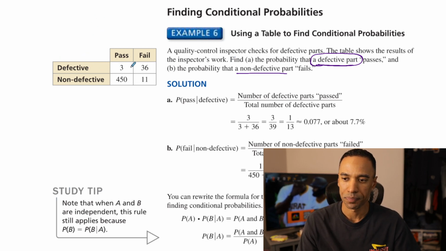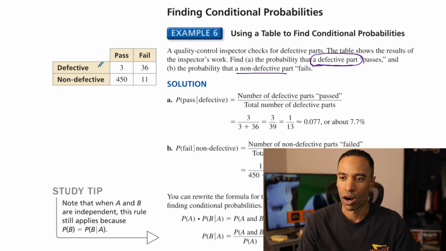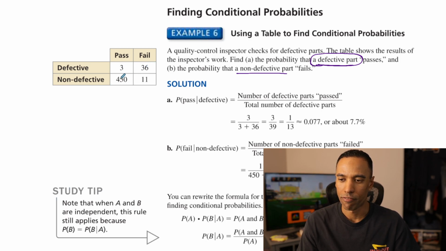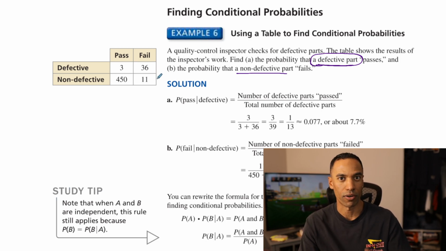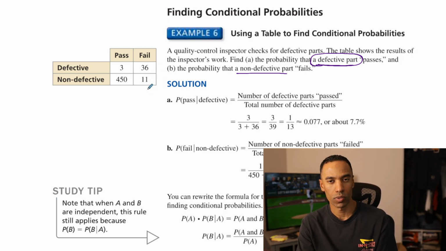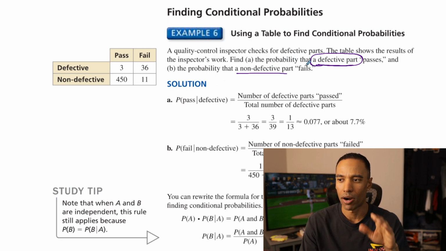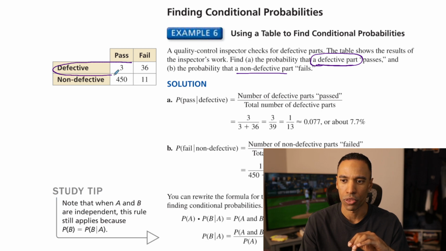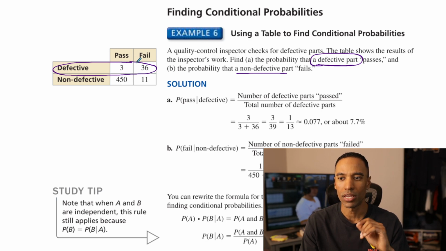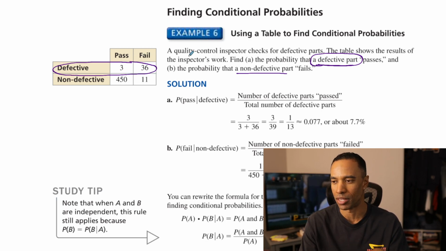That means that even though there are 39 total defective parts and 461 total non-defective parts, and 39 plus 461 is 500, even though there are 500 total parts we're talking about, when we're looking at part A, probability a defective part passes, we're only looking at the 39 here. Given that we're looking at a defective part, what's the probability that it passes?